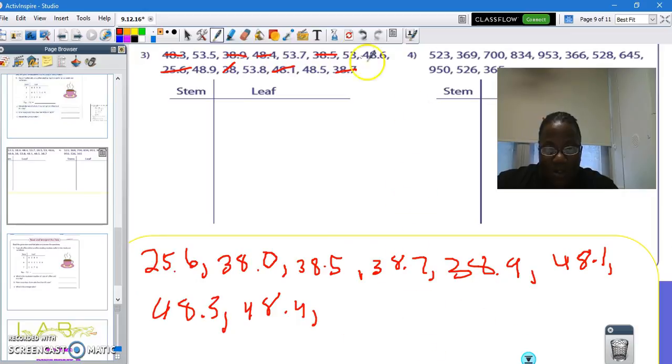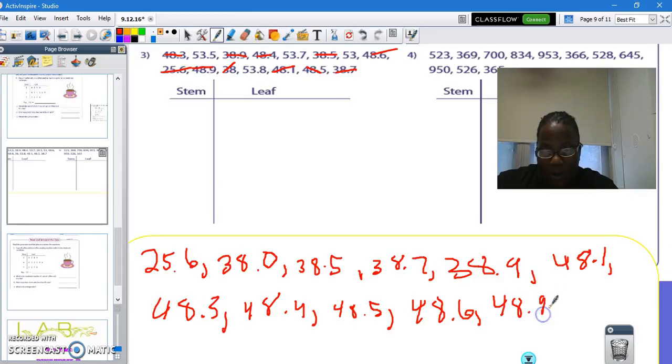Okay. And then it should be 48.5. Yep, there it is. And then 48.6, then 48.9, then that's it for the 40s.